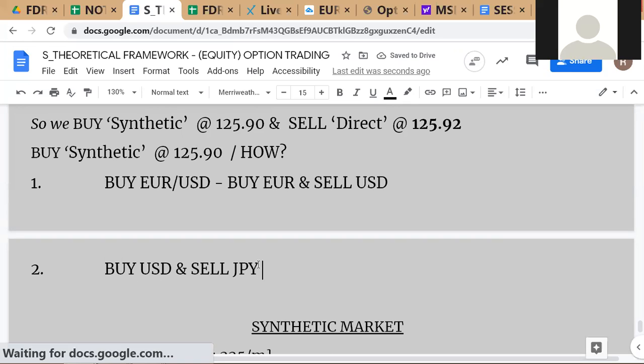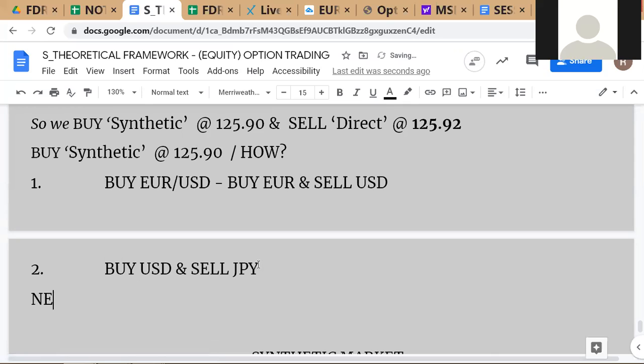So the net of 1 and 2 equals buy euro and sell JPY. Okay, because buy USD, sell USD cancels out.